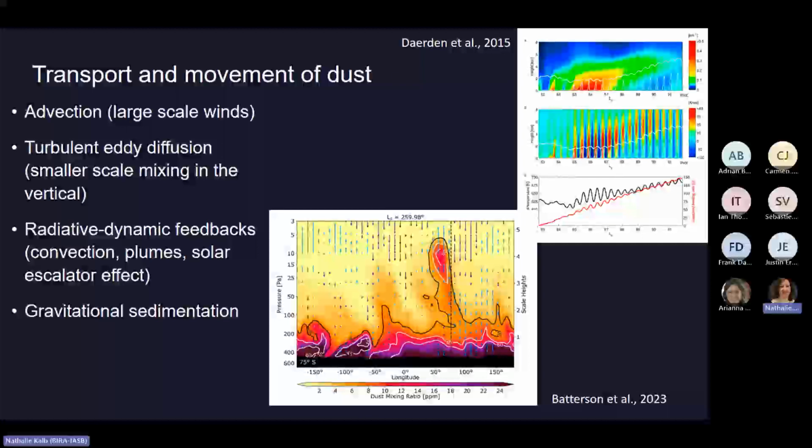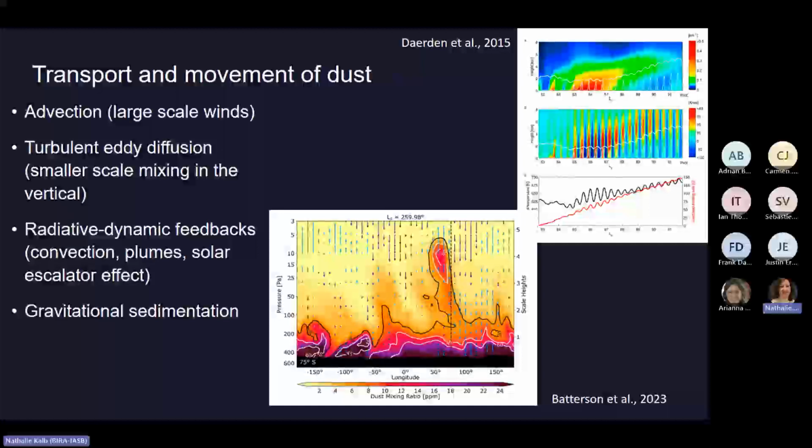And then you have, of course, because the dust is radiatively active, radiative dynamic feedbacks. So you can have the dust heating the air, which causes an instability and causes it to want to rise more. So you can have plumes like this.